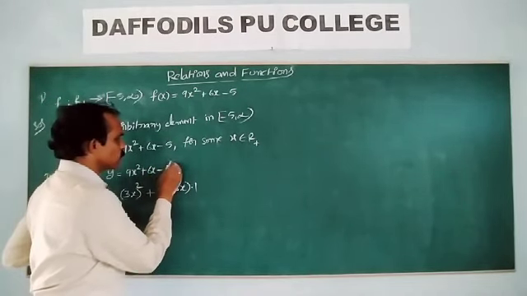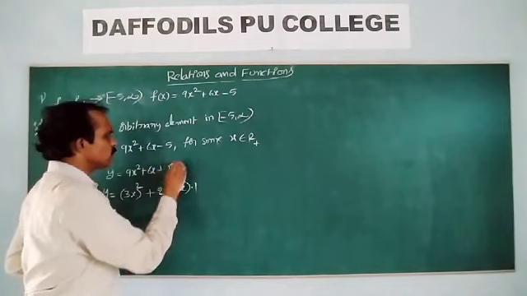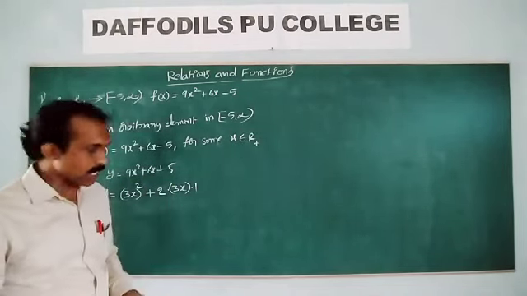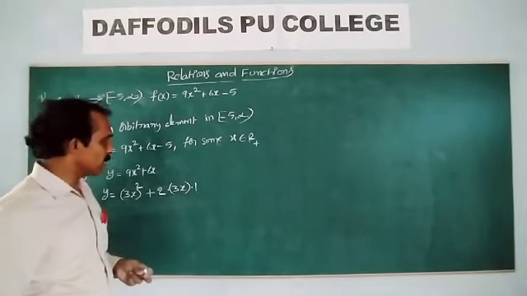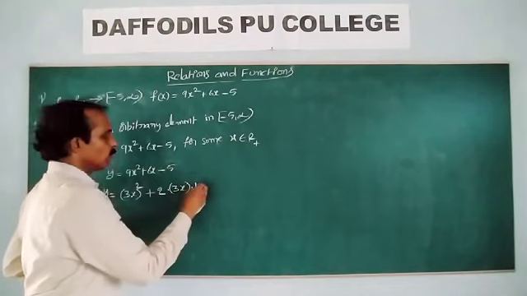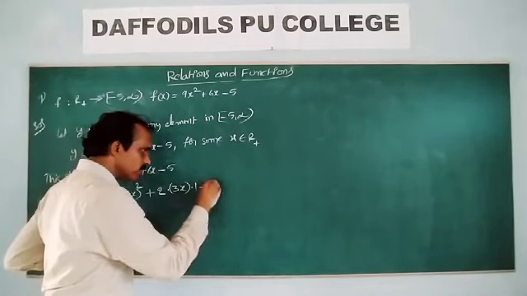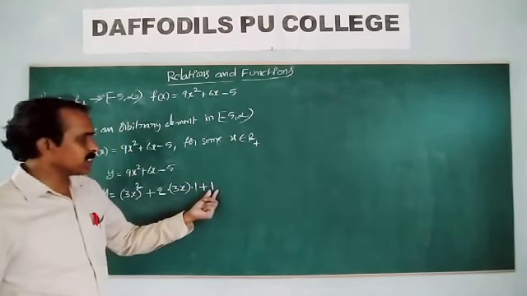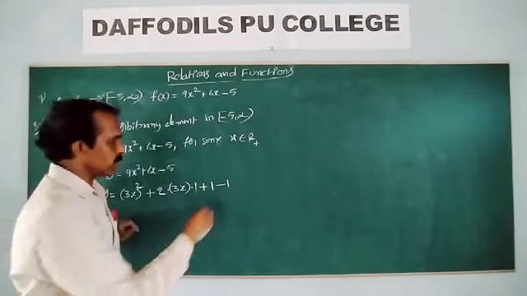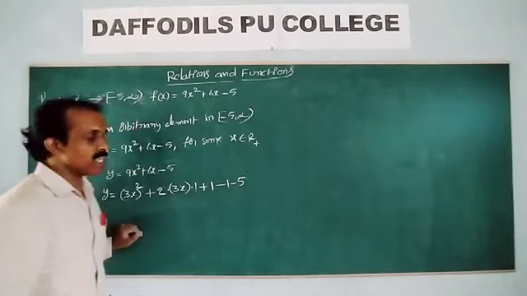From minus 5 that is not possible, so we need plus 1. So extra 1 added means, without changing the function, subtract 1. Then minus 5 as it is.